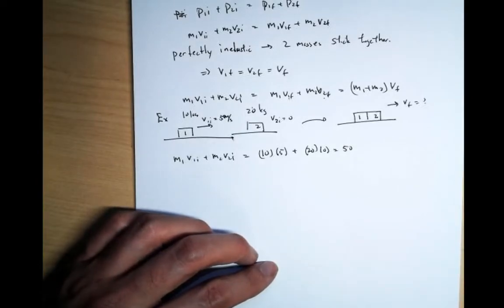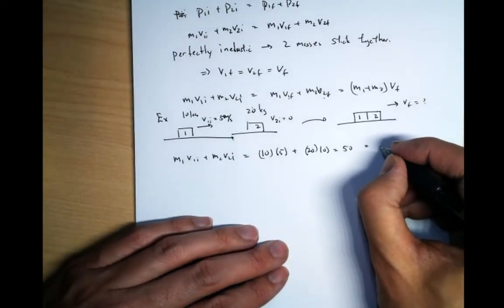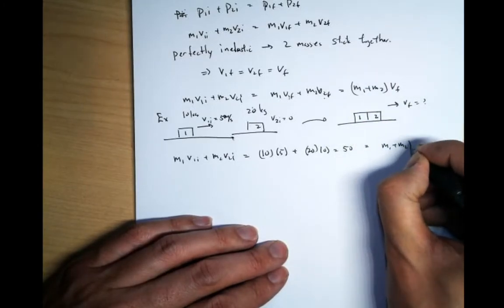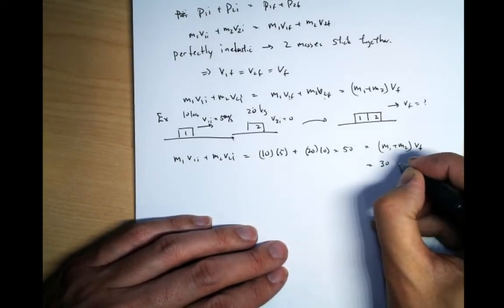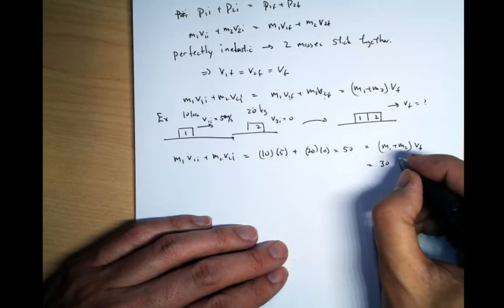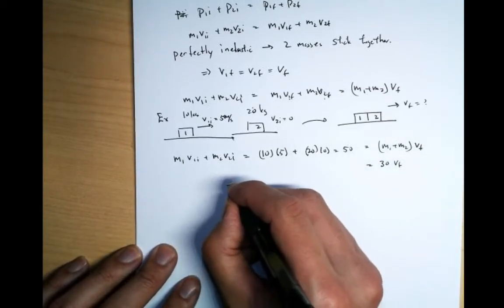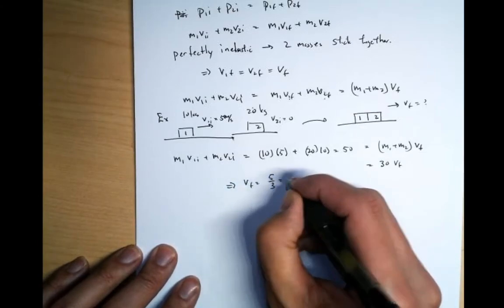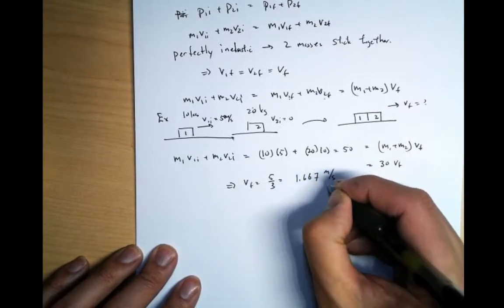Now this must be equal to the final state, which is m1 plus m2 times vf. So this is 10 plus 20 times vf. And so you get vf equal to 5 over 3, which is about 1.667 meters per second. Okay.